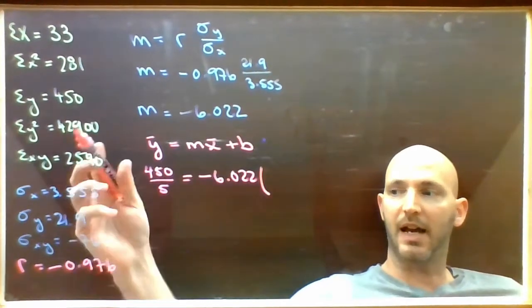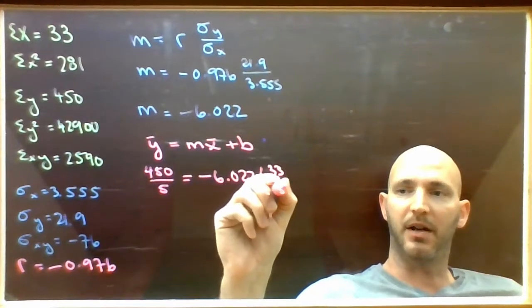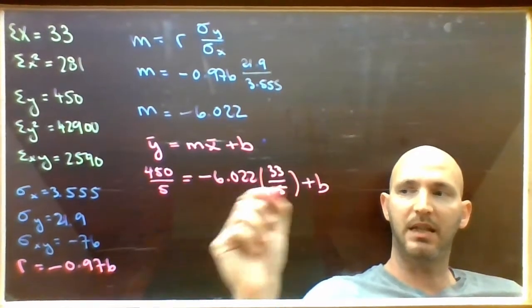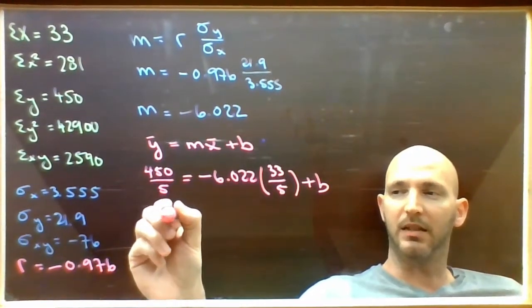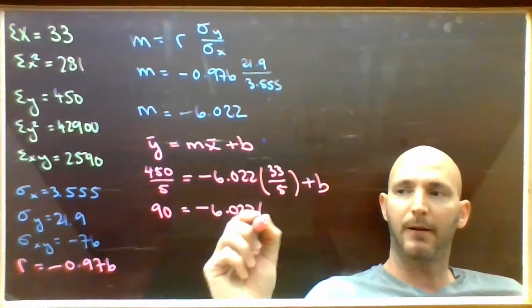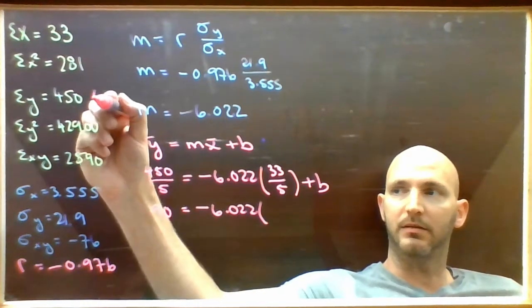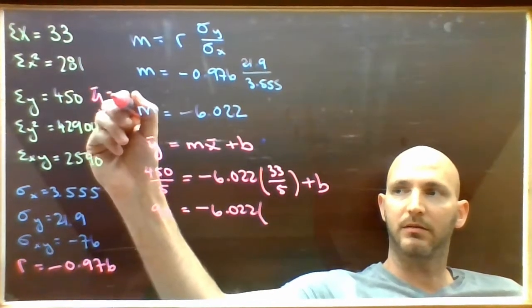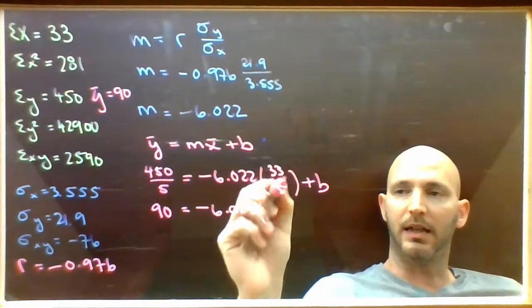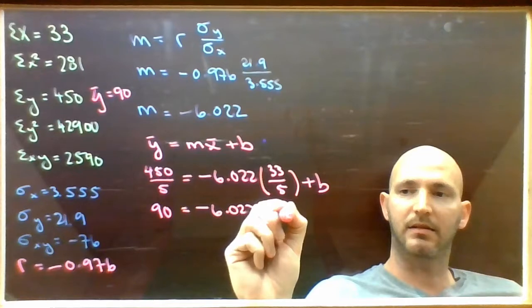My average x would be the sum of x divided by the number of points, 33 divided by 5 is 6.6.